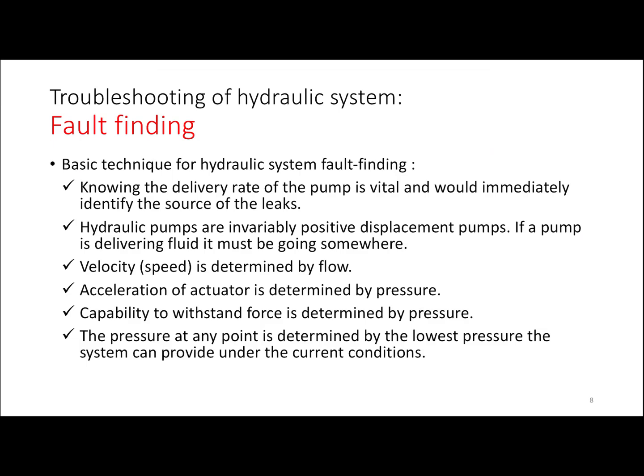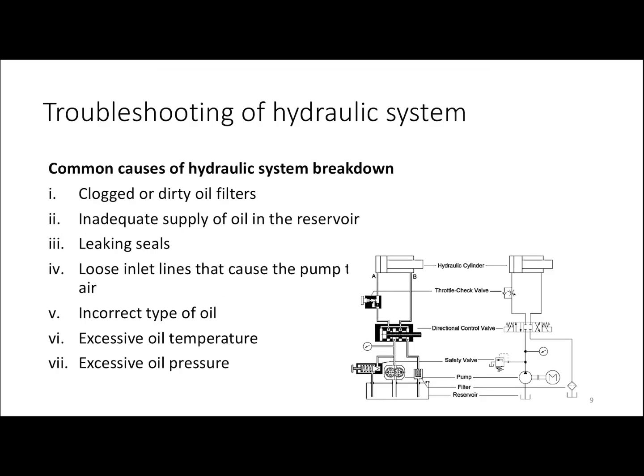If the pressure matches the pressure relief valve setting, the system is okay, but if it is far below the pressure relief setting, something is wrong with the hydraulic system. Common causes of hydraulic system breakdown are typically clogged or dirty oil filters. Second is an inadequate supply of oil in the reservoir, which can be because of leaking seals.